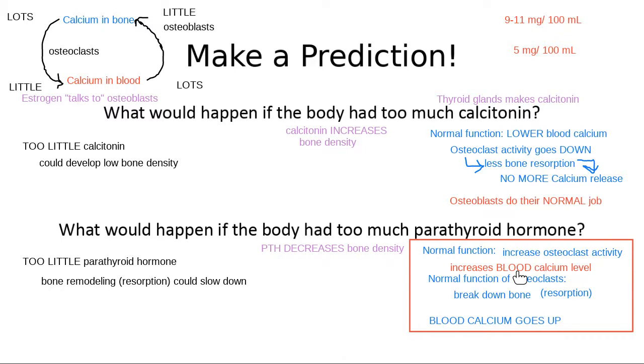If you notice the learning objective related to blood calcium, it asks you to explain this process. Explaining this process is being able to put it in your own words to outline, okay, here's the normal job of something. And when it does its normal job, here's what happens. And so this series that we went through, we outlined all of these pieces that go into the role of parathyroid hormone in blood calcium homeostasis.